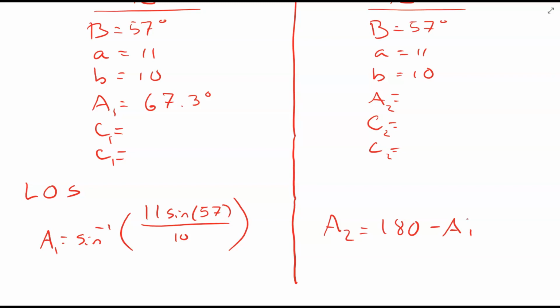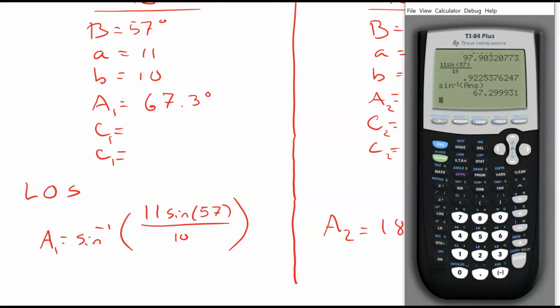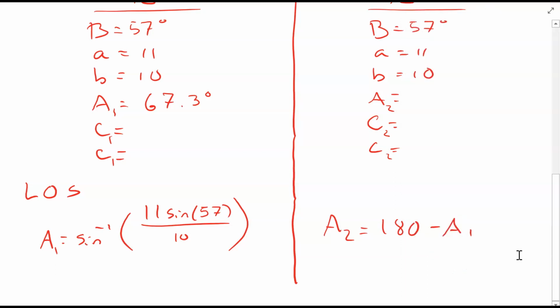The first angle we find is always going to be the supplement of that first angle from the other triangle. So 112.7. Everybody okay there?